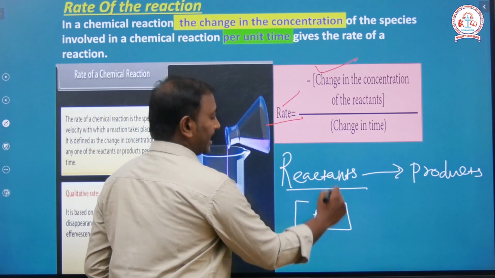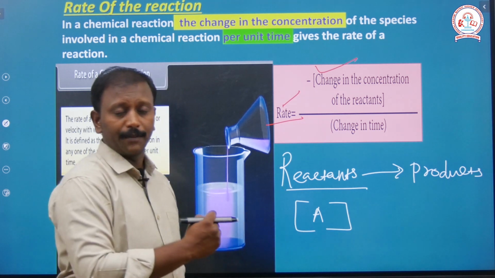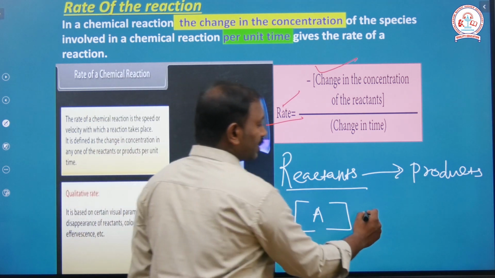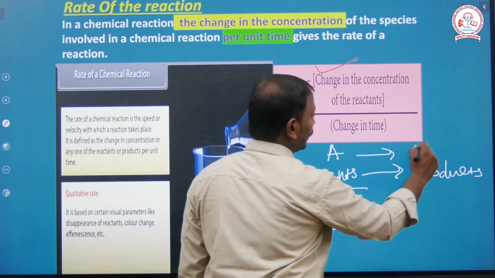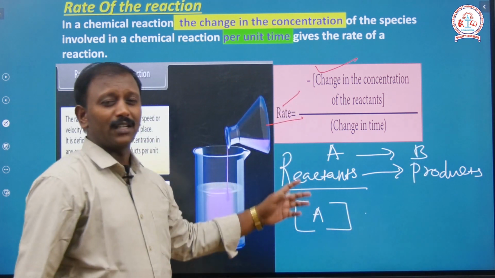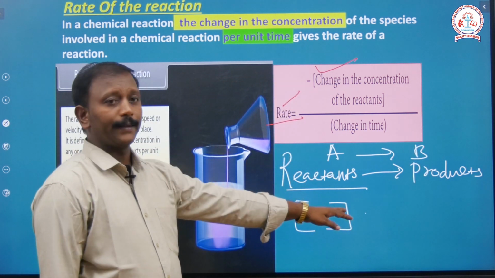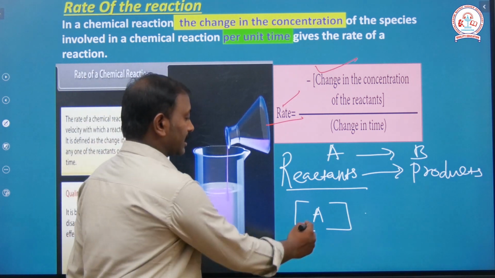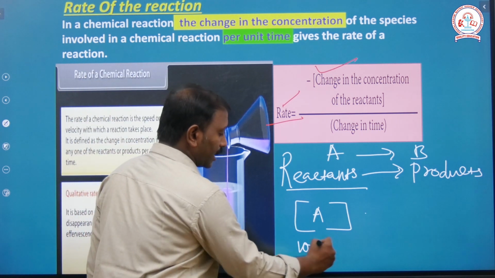So if A is one of the reactants, A is changed into B. So what is the rate of the reaction? A is changed into B. A is the reactant. The concentration of the reactant, initially we are taking as 100%.